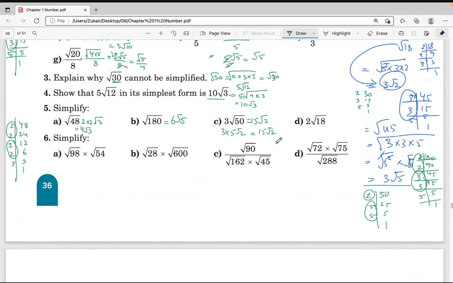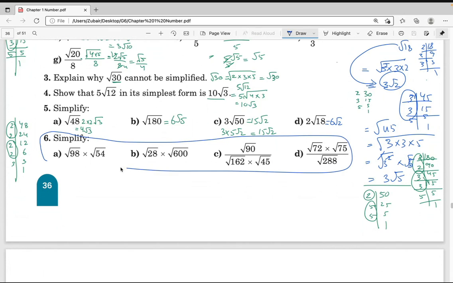So 2 into 3 into root 2, so it will be 6 under root 2. Very good. Ali, do we have the same answer? Yes, sir. Okay. Now, do you know the task? These are left. Do try them.